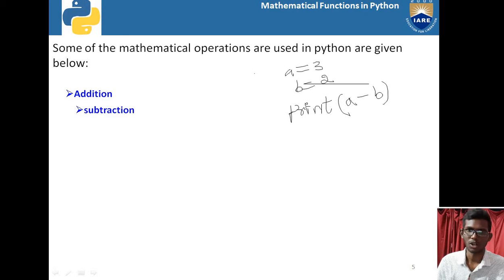Now we get the output: 3 minus 2 is 1. In the print we take a minus b; the minus symbol is the operation, and a and b are operands.